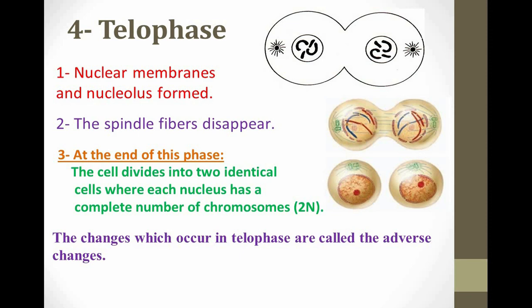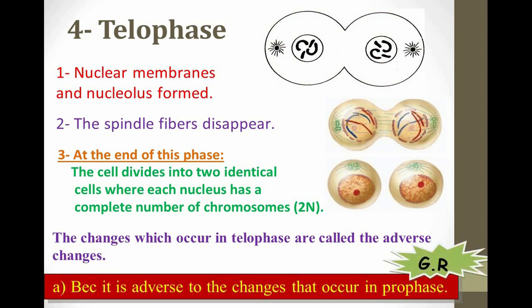We also have an important give reason question. The changes which occur in telophase are called adverse changes. Why? Because they are adverse to the changes that occur in prophase.